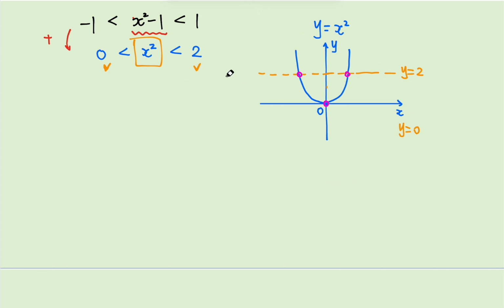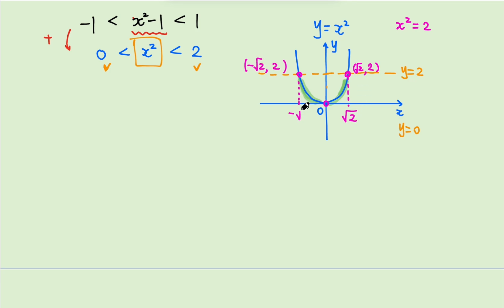Therefore, for y between 0 and 2, the corresponding graphs are these two parts. Let's find the corresponding x values. We will need the coordinates of these two points. For the equation x squared equals 2, on the right part we will have positive root 2.